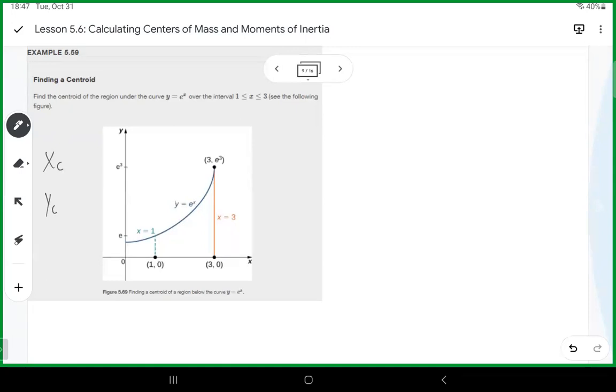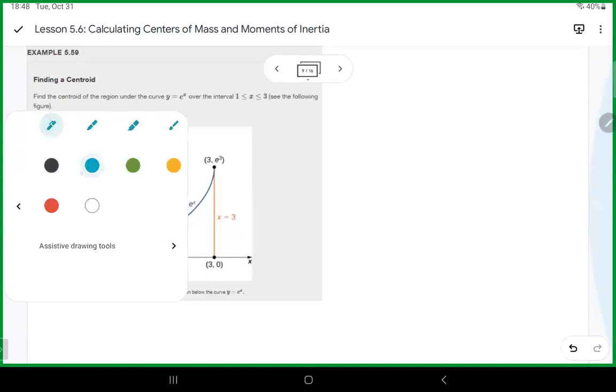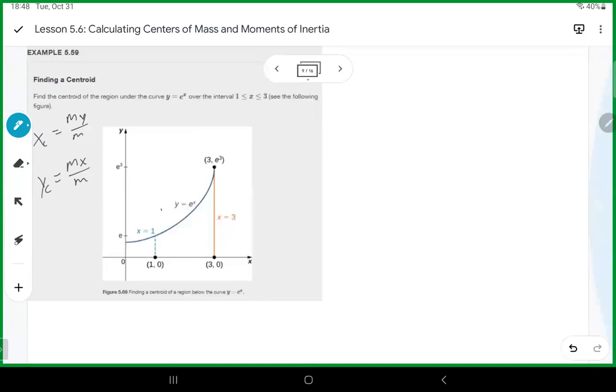So I'm going to try and put the formulas further over so that we can have more room. Okay, so hopefully you guys can get the formulas.